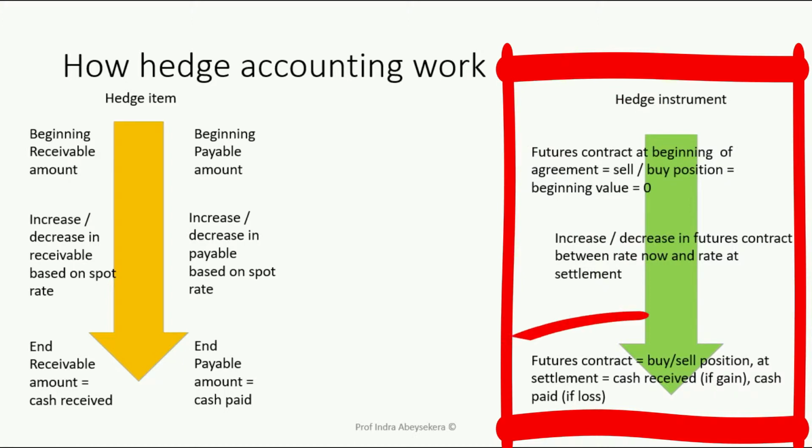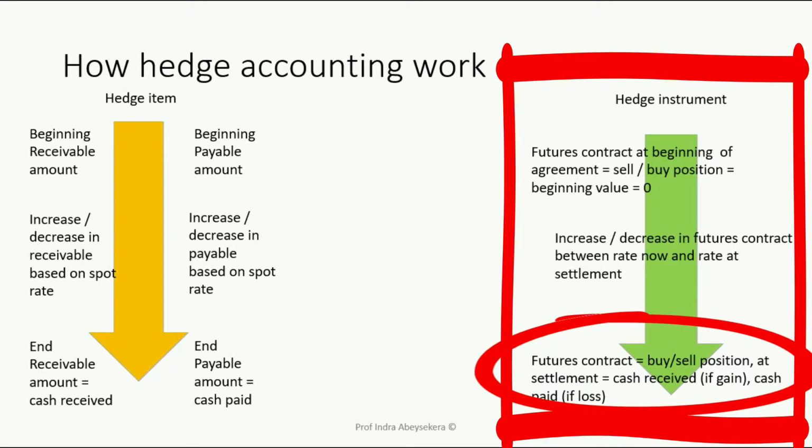When the contract has been settled, the futures contract is closing out the buying position, and closing out the buying position means selling, because you didn't have anything to buy to start with in a futures contract, so you sell it to close it out. So the gain or the loss of reversing that position becomes the realization.